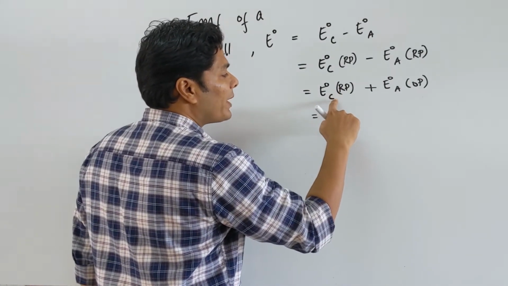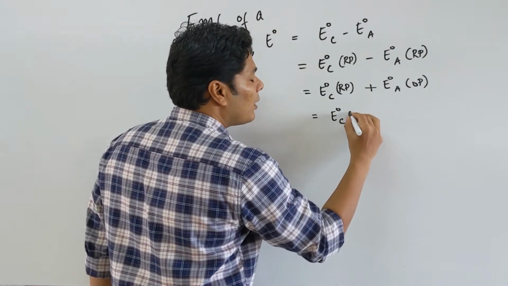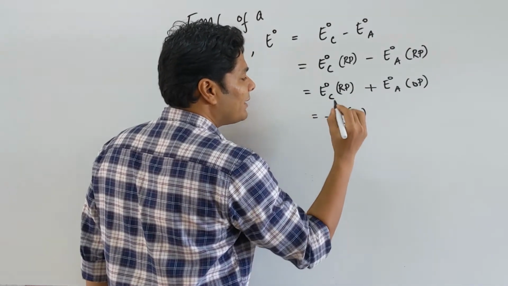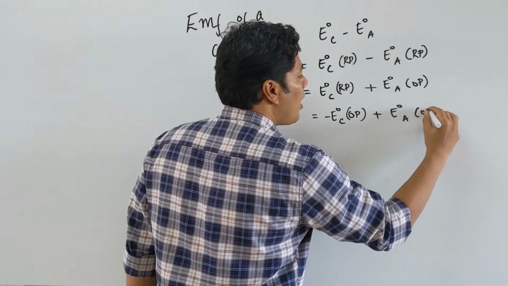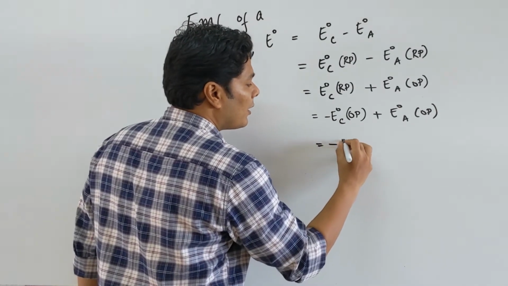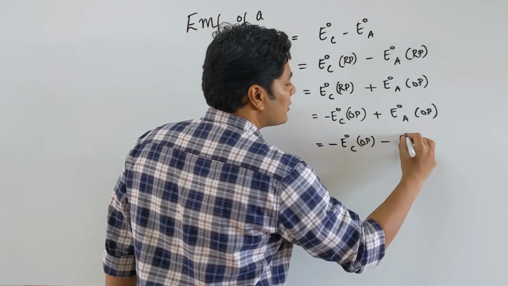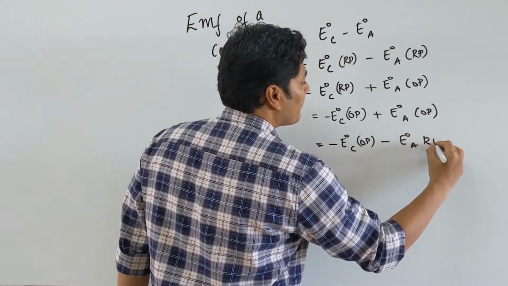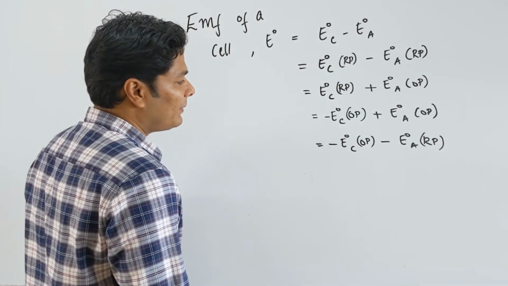Now what we can do is convert this if you want. This can be E0 cathode oxidation potential with a negative sign, plus E0 anode oxidation potential, or we can write it as E0 cathode oxidation potential minus E0 anode reduction potential. These are the different ways in which you can write.